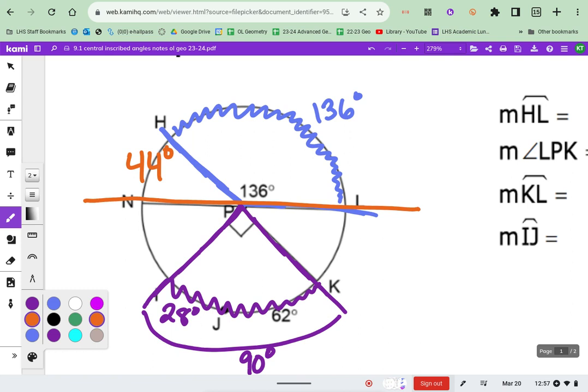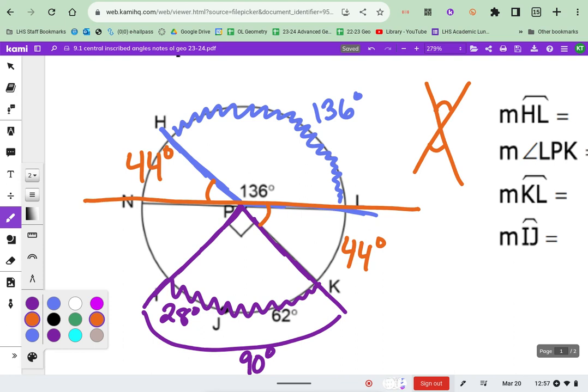But here's your other strategy besides semicircles. Vertical angles. Excellent. Remember, vertical angles are angles that cross each other in an X, and they're always the same. So if this one is 44, this one's 44. So the angle LPK would be 44.